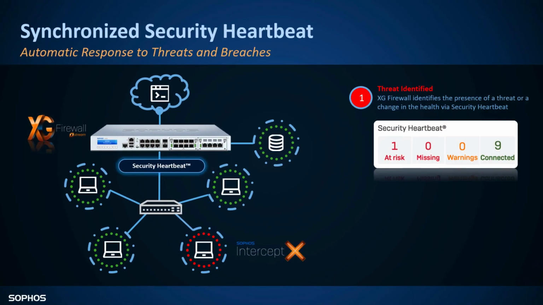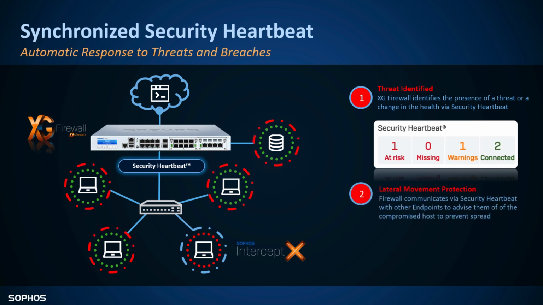So here we have the security heartbeat, and the security heartbeat shares a variety of telemetry between endpoint and firewall, and one of the key pieces of information shared is its health status. If InterceptX detects a threat, it will automatically communicate that to the firewall, which will flag its heartbeat status as red.